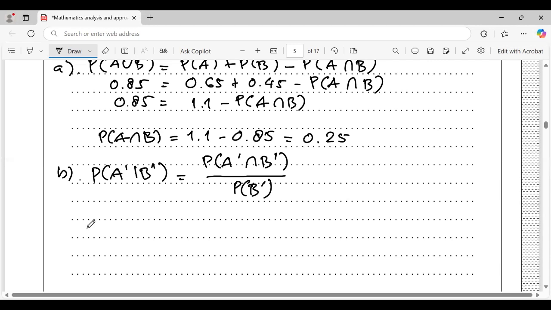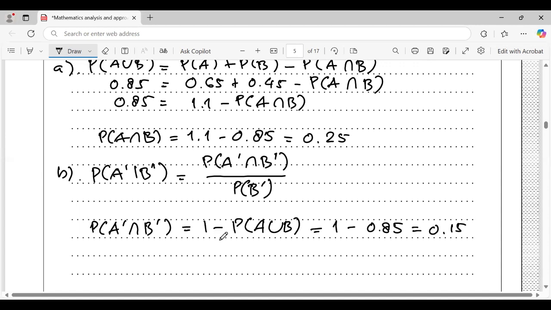The probability of A' intersection B' equals 1 minus probability A union B. It is 1 minus, according to part A, 0.85. It is 0.15. This probability is 0.15.